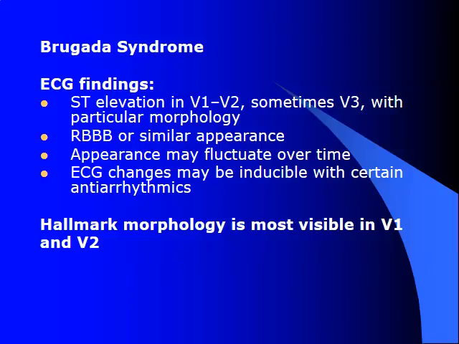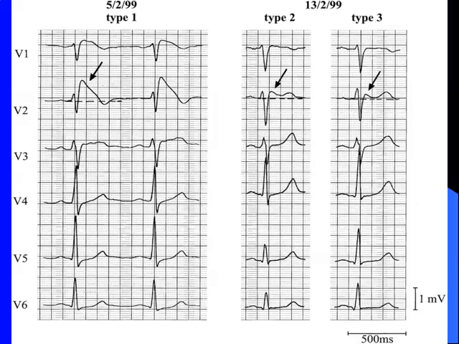You'll see ST elevation in V1 and V2, sometimes V3, and there's a very particular morphology. It has a similar appearance to right bundle branch block, and the appearance may fluctuate over time. ECG changes may be inducible by certain antiarrhythmics, but the hallmark morphology of this ST elevation is usually most visible in V1 and V2.